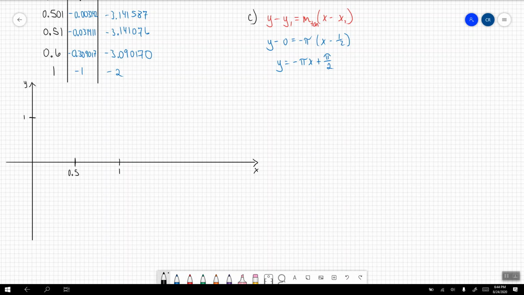And this to be 1. Now, if you need a refresher on how to graph trigonometric functions, I would highly suggest that you review that material. And here we are, negative 1. So let's go ahead and start graphing cosine of pi times x.